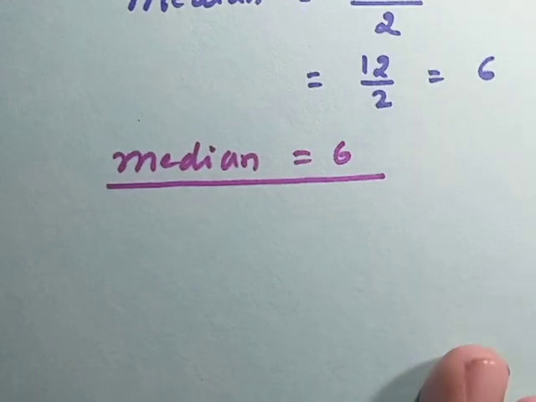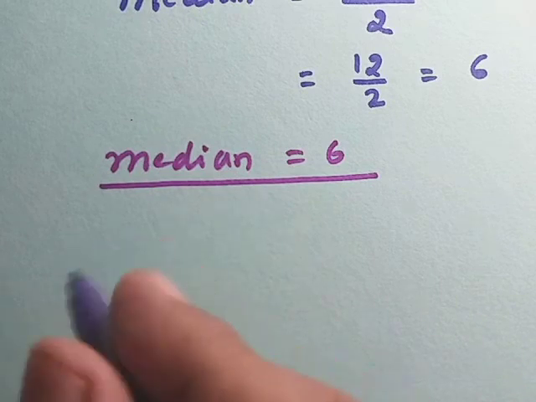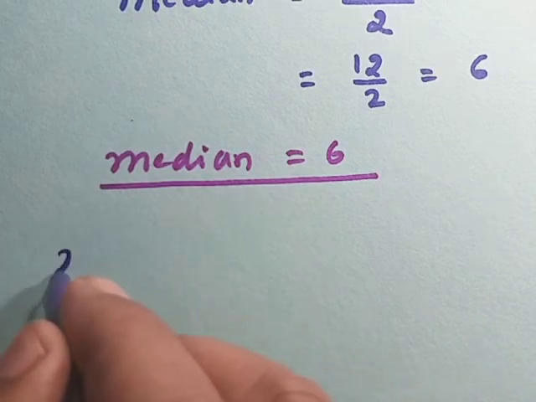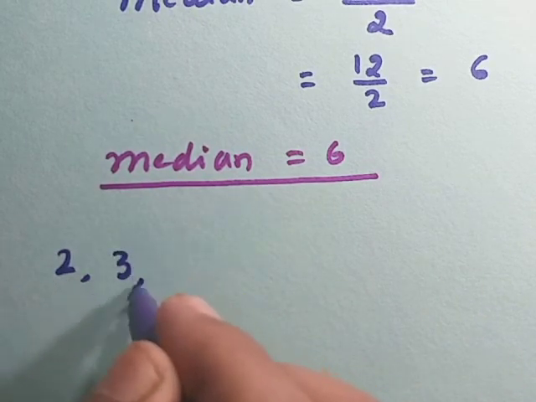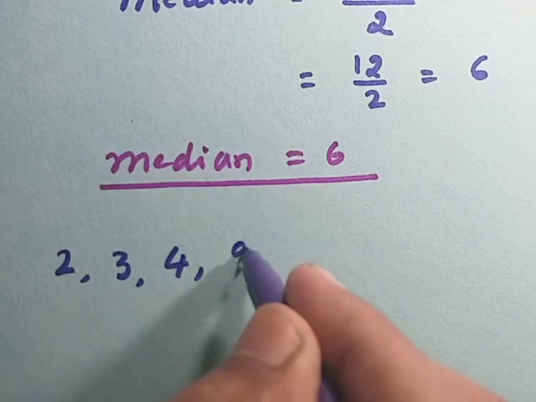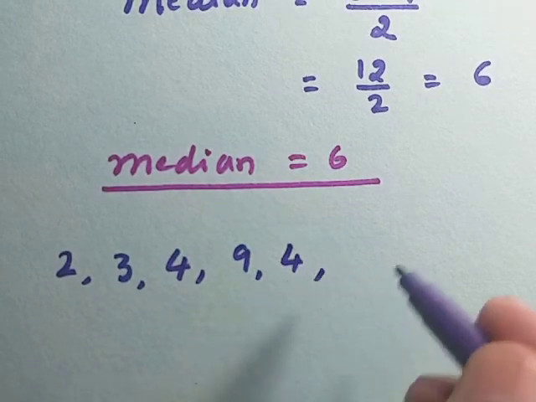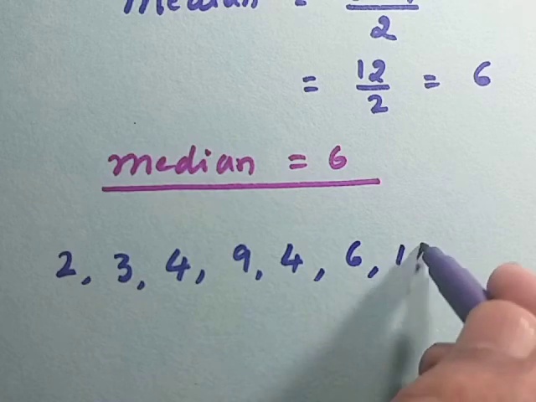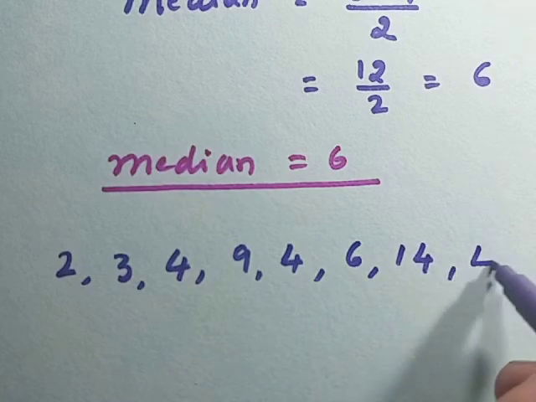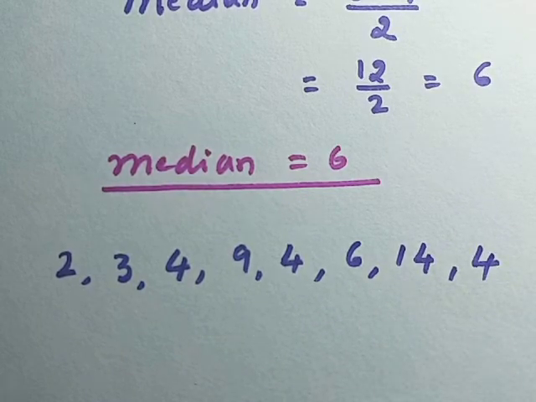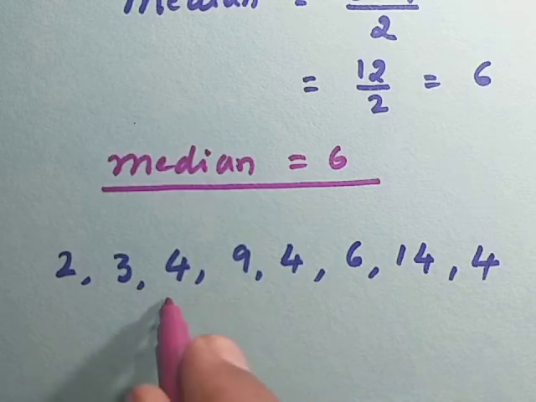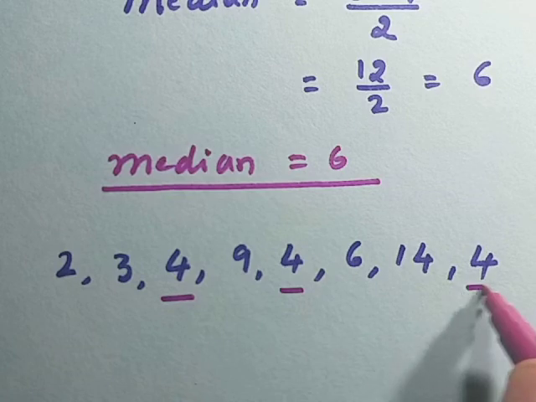Similarly, when data is given like this: 2, 3, 4, 9, 4, 6, 14, 4. Now, which number is getting repeated? 4 is repeated thrice.